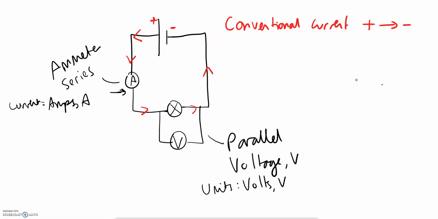But actually, electrons are negative, and they're going to be repelled from this side and attracted towards the positive side. So the electrons actually go the other way. This is called the electron flow. And this goes from negative to positive terminal, going the opposite direction to conventional flow.